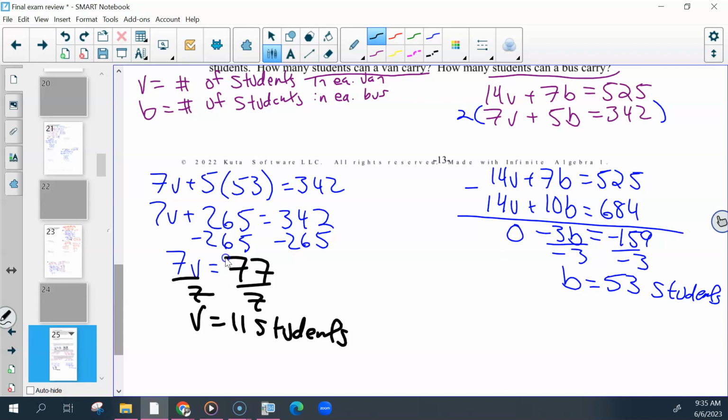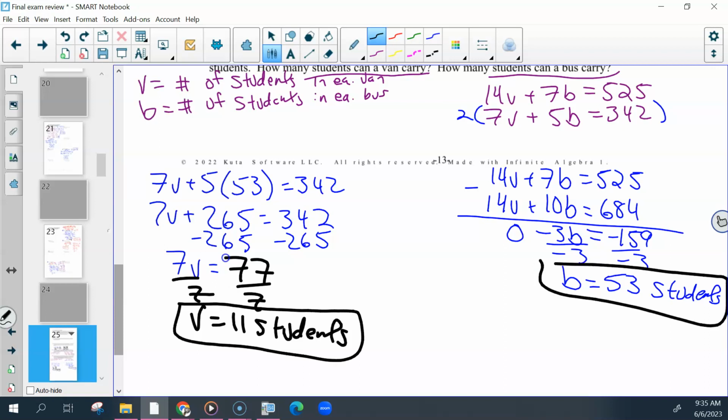If you get a question like this and have more van students than bus students, there's probably something wrong there. Usually buses are bigger than vans, so buses should have more.